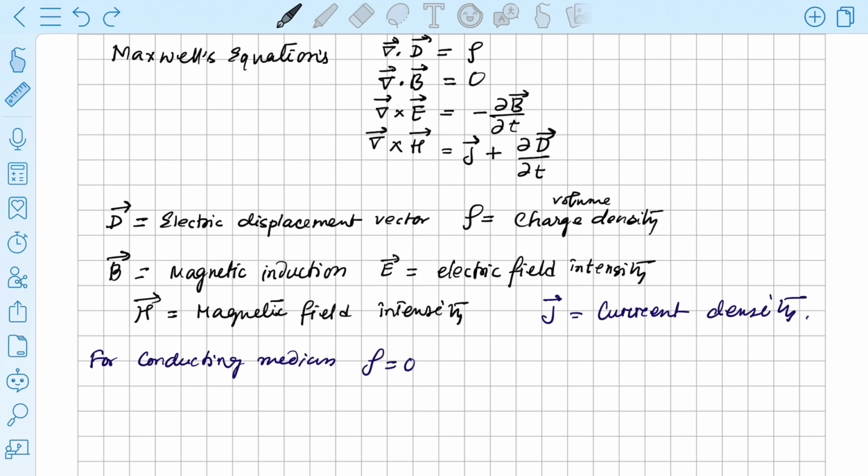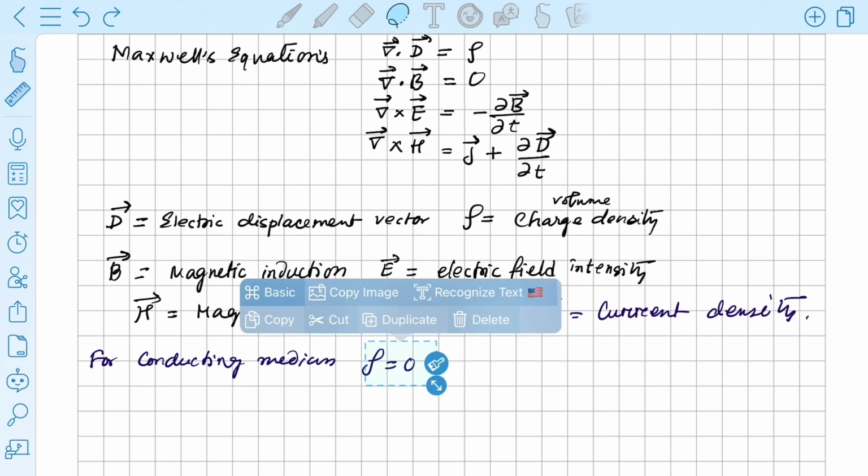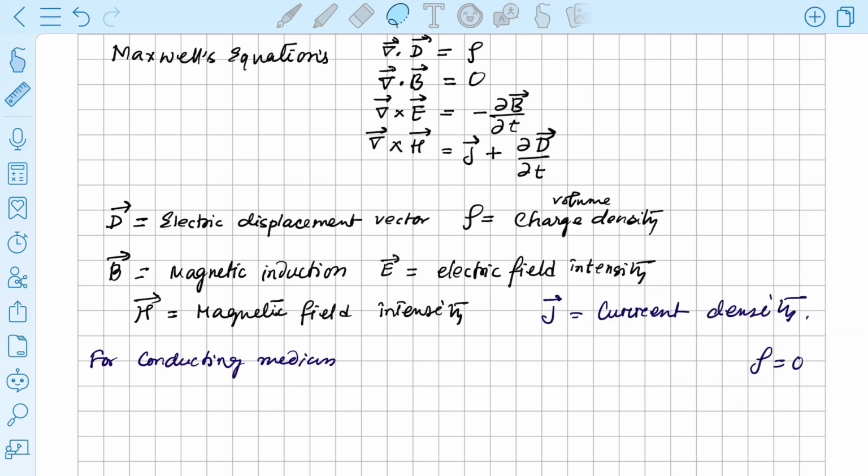For a conducting medium, let me write one more thing: a conducting medium characterized by permittivity epsilon and permeability mu.